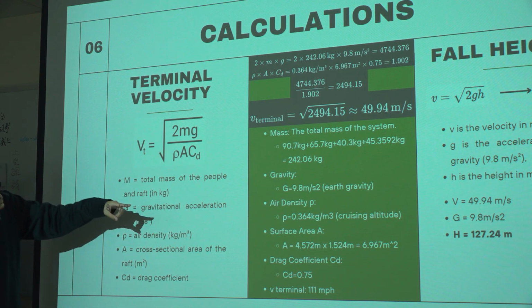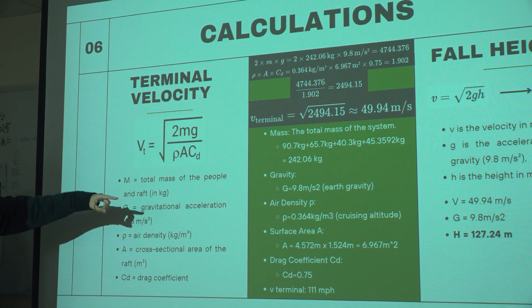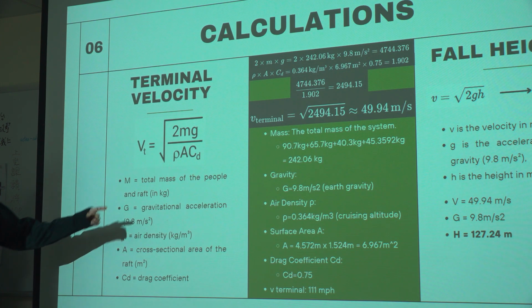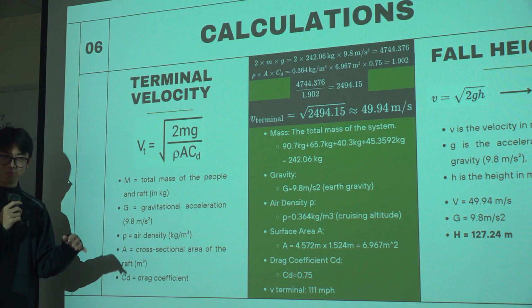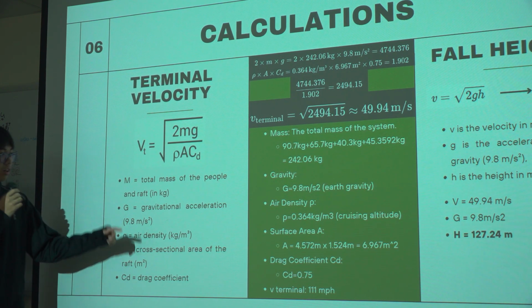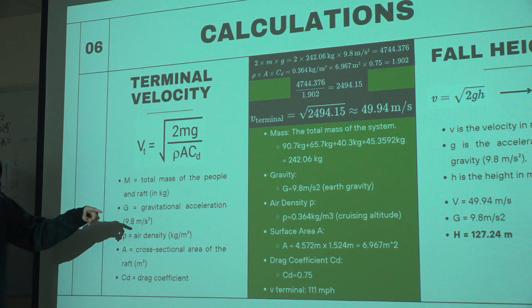For the air density, instead of using the sea level air density, I use the typical cruising altitude density, which is 0.364, or sometimes it shows like 0.3037, but in this case I use 0.364. For the surface area, I also found it on Google through eBay.